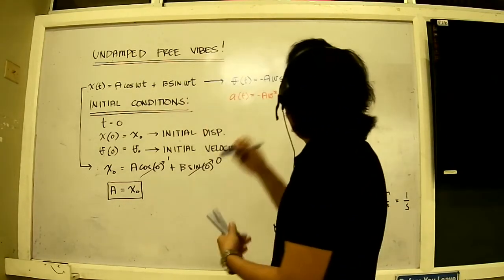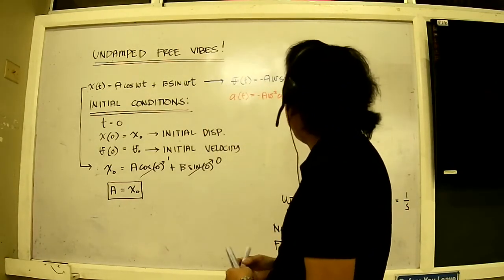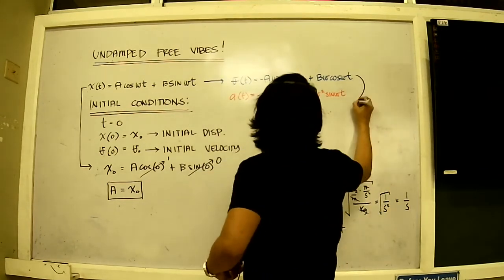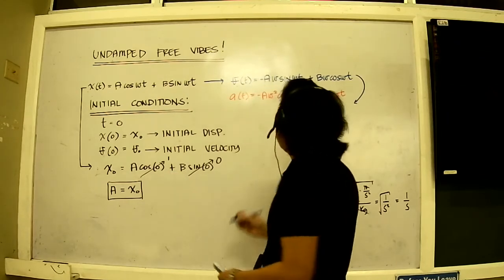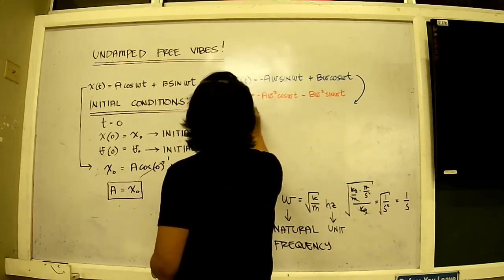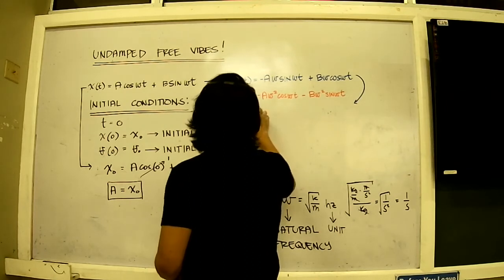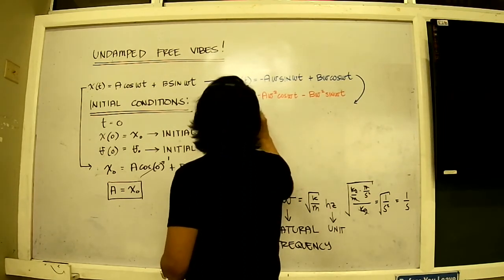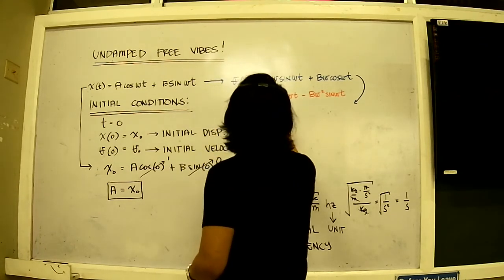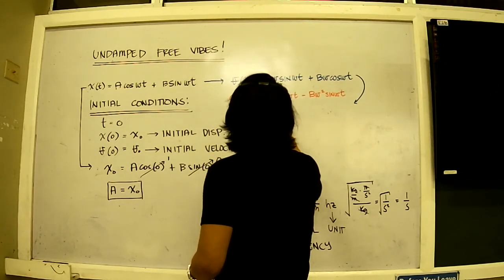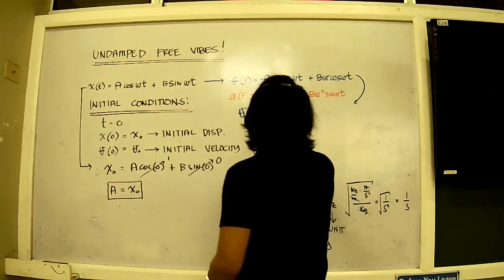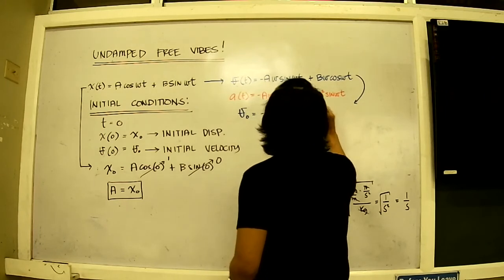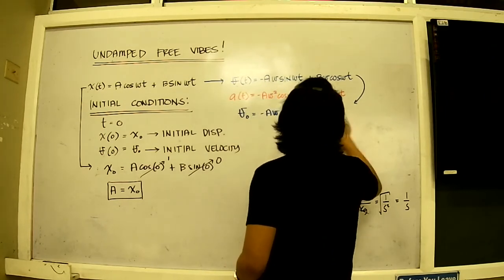Now, I have v here, and I would like to play with this as well. Applying the initial conditions, v at t equal to 0 is v sub O. So v sub O is equal to negative A w sine 0 plus B w cosine 0.